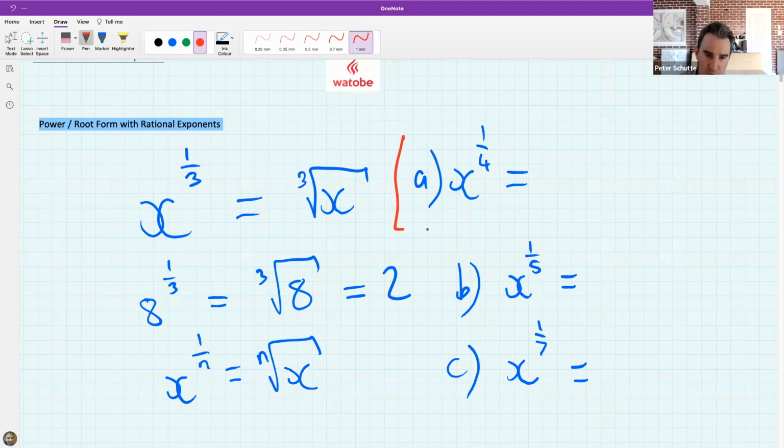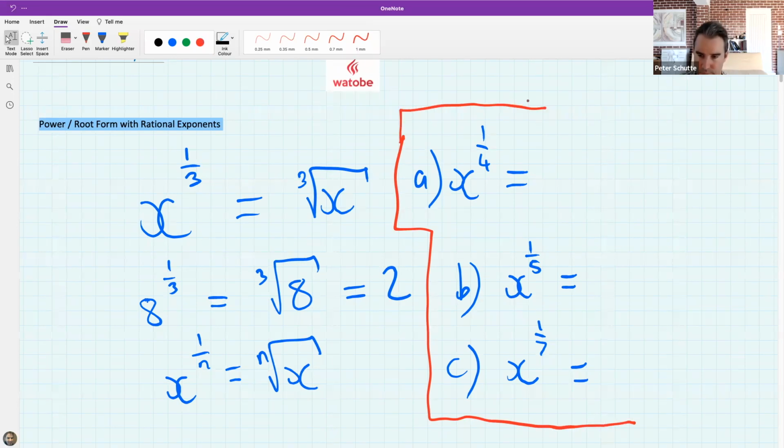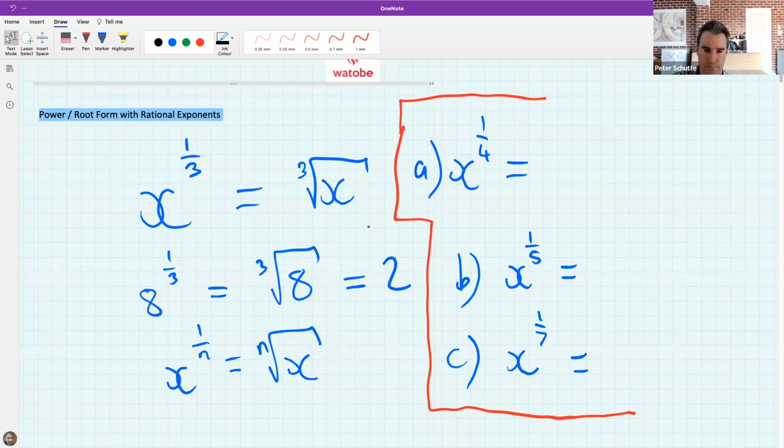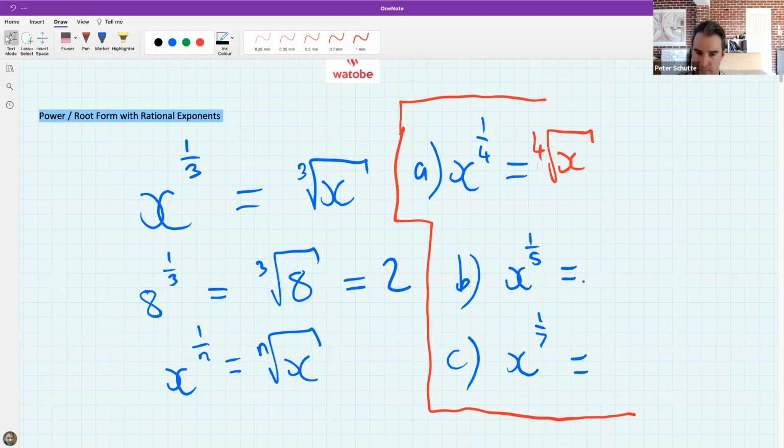Just to show you what we're focusing on, we're doing these ones here. This is an important idea, that we know how to go between power form and root form, or radical form. Okay, so I think most of us are feeling okay. So this is the fourth root of x.